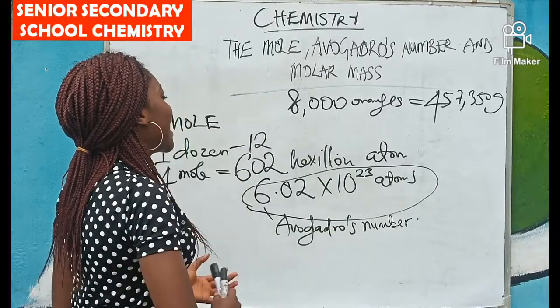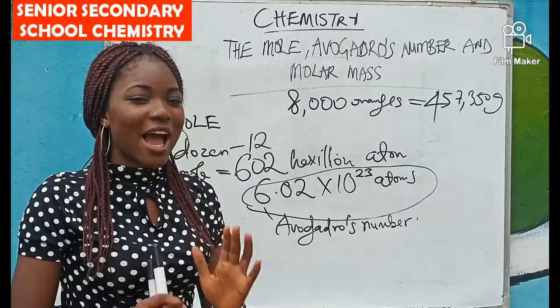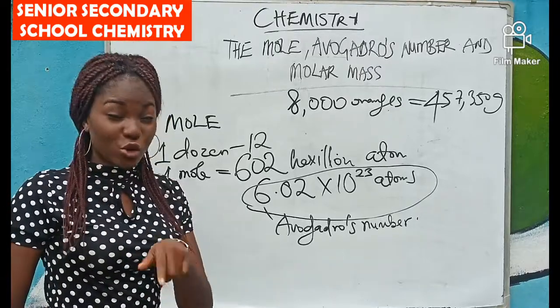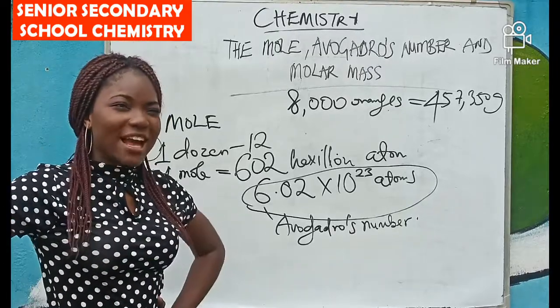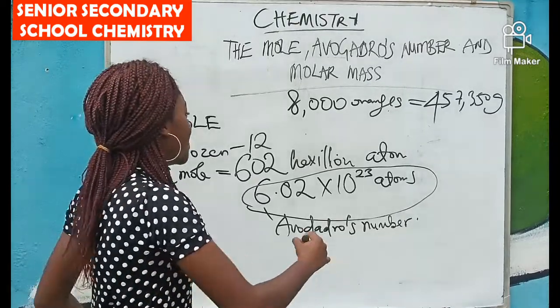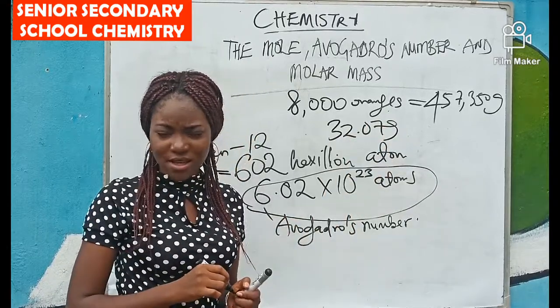So say I have a container containing sulfur and I want to know how many atoms are present in that container. And then I know the mass of my sulfur to be 32.07 grams. How do I know that?